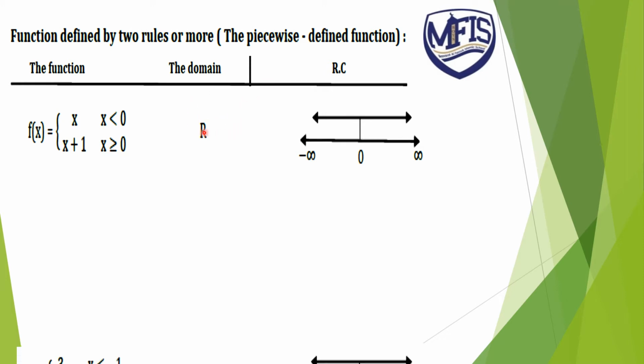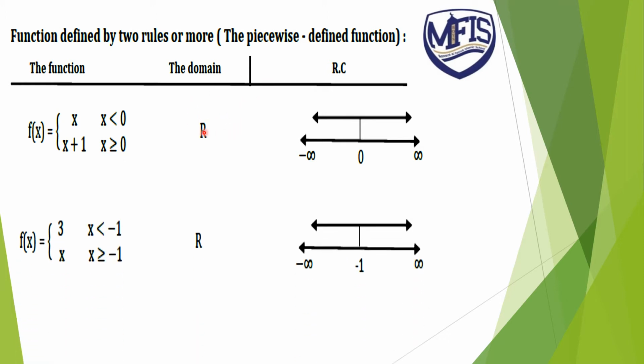R. Next, we have f of x equals 3 when x is smaller than -1, and f of x equals x when x is greater than or equal to -1.